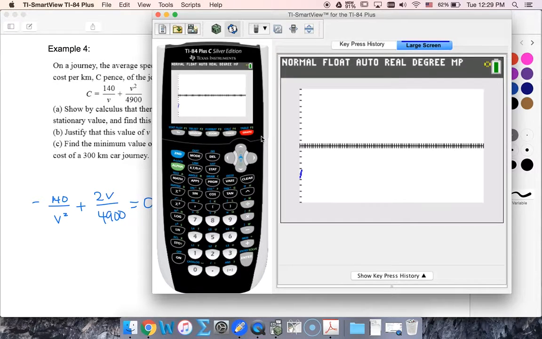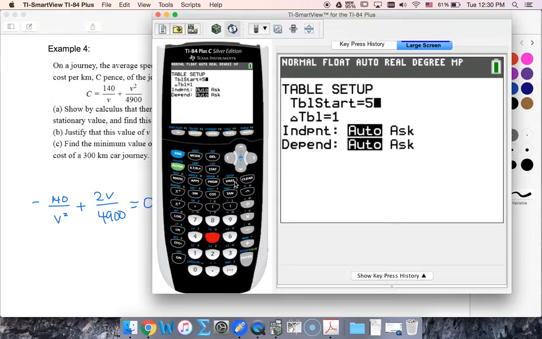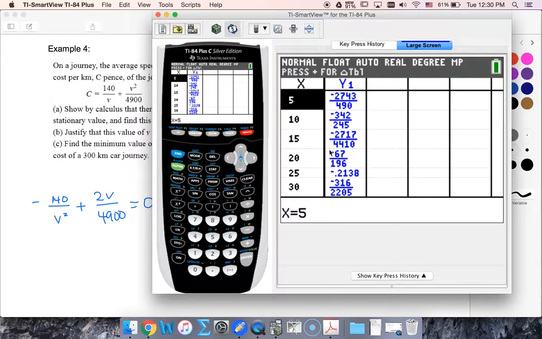I'm going to go back to my graph. I should not have counted by ones, clearly. All right, so presumably somewhere along here I'm crossing the axis. If I want to make sure, I can go into my table. So I'm going to look at my table of values. I'm going to start at 5, and I'm going to count by 5s. So I want to make sure that I'm crossing the x-axis.